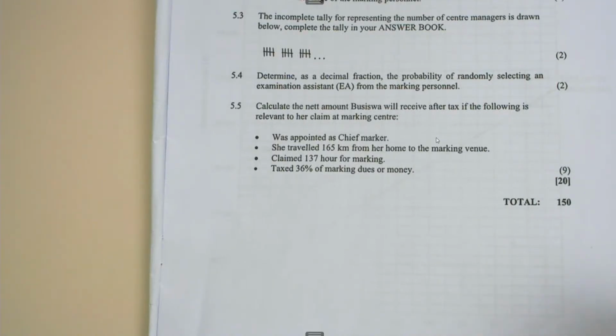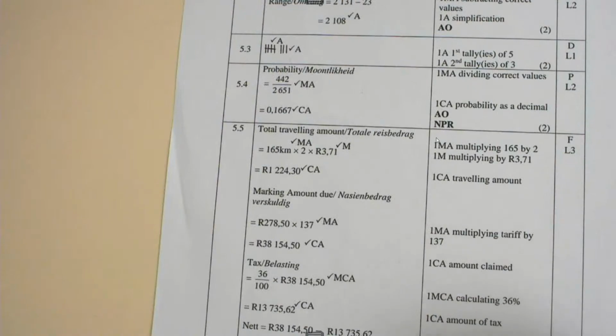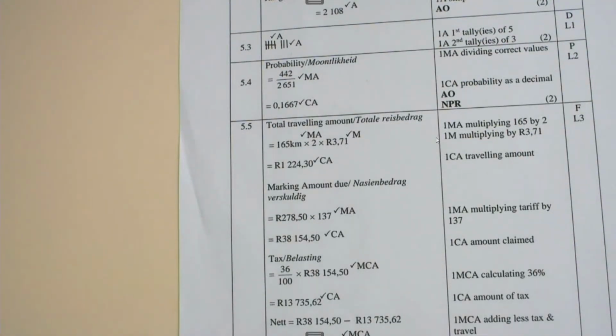She traveled 165 kilometers from her home to the marking venue, claimed 137 hours for marking, taxed 36% of marking dues or money. Now let's calculate the net amount Busiswa will receive. Now on the memo, let's see what we have there.